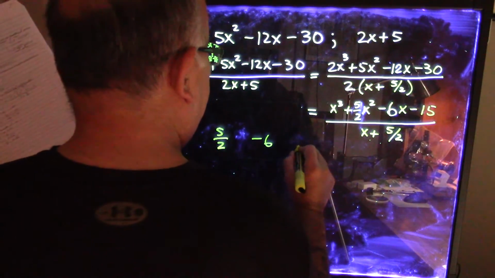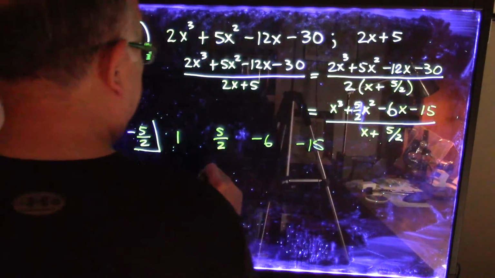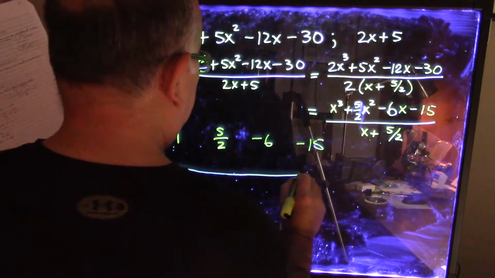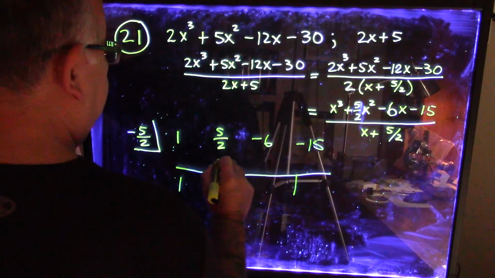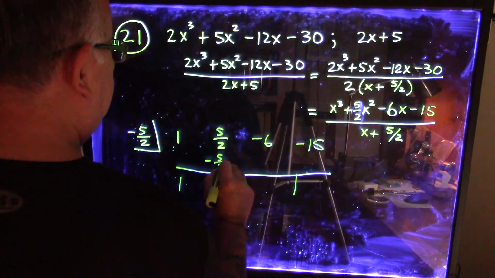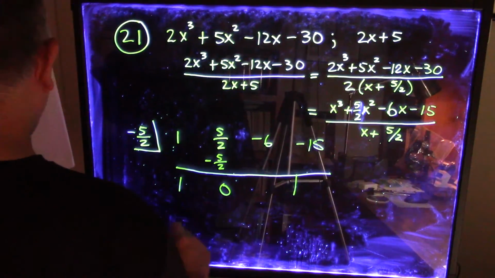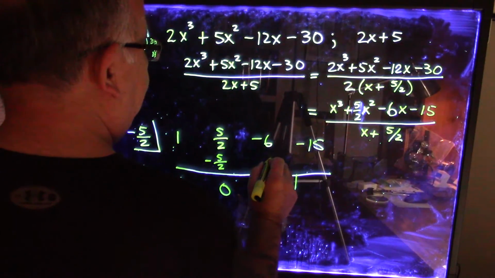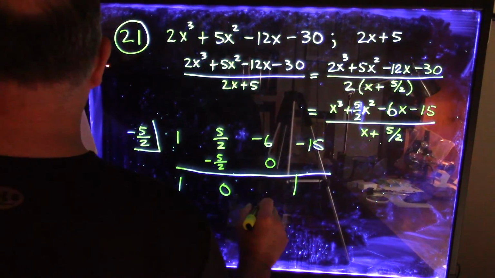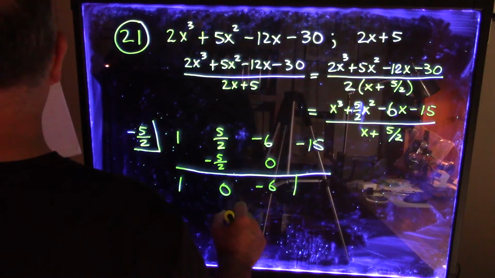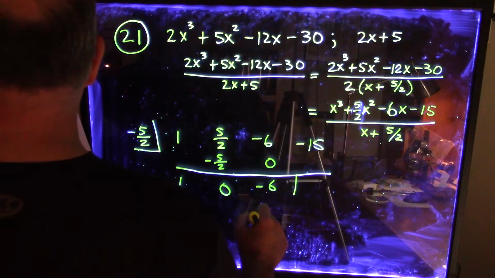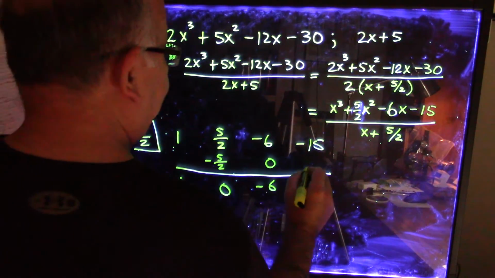And negative 15. So, oh, what a relief, they add to 0. Haha. We don't have to add fractions. Oh boy. Well, don't worry, we're going to get somewhere we do have to add fractions. Okay, so you might want to review adding fractions. And let's see, we've got 15.